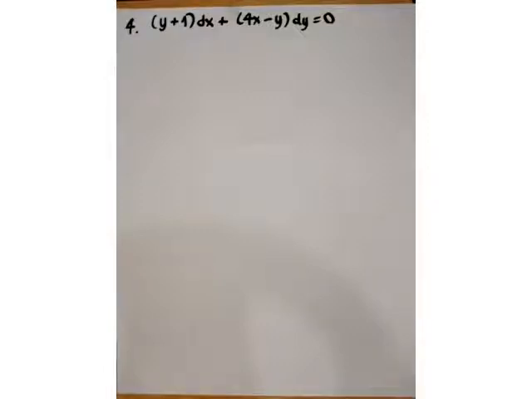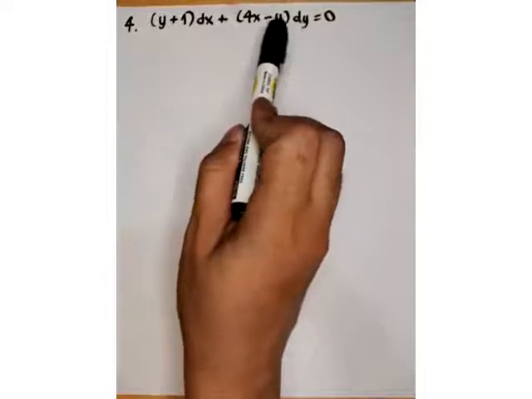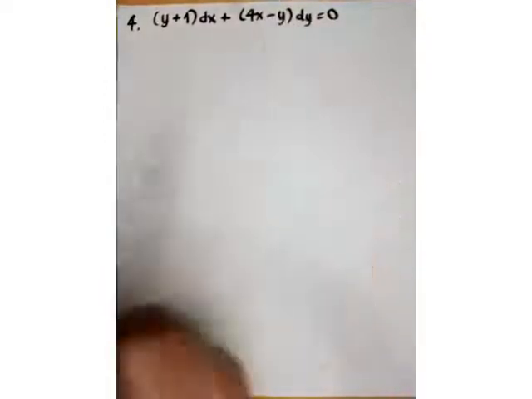Is it linear in x or linear in y? Okay, so it's linear in X. It's not linear in Y kasi kung titignan ninyo, dito okay lang. Kaya lang meron tayong Y dy dito. So therefore, it's not linear in Y, it's linear in X.